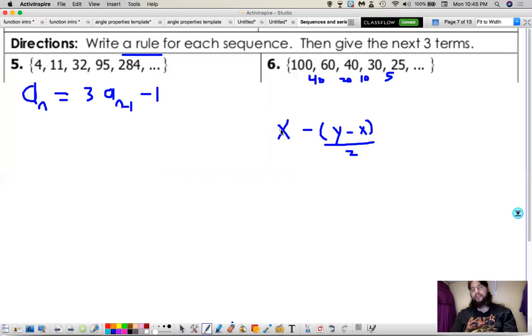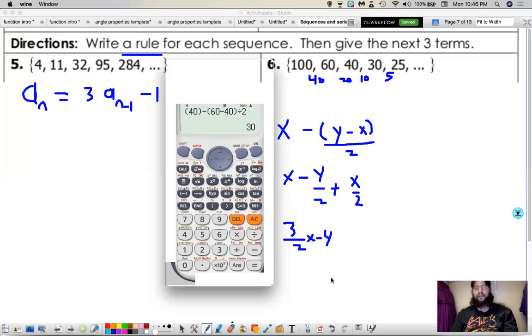This would be a sub n minus 2 minus a sub n minus 1 minus a sub n minus 2, all over 2. We can simplify that a little bit using the distributive property and combine our like terms. Okay, so this should work.